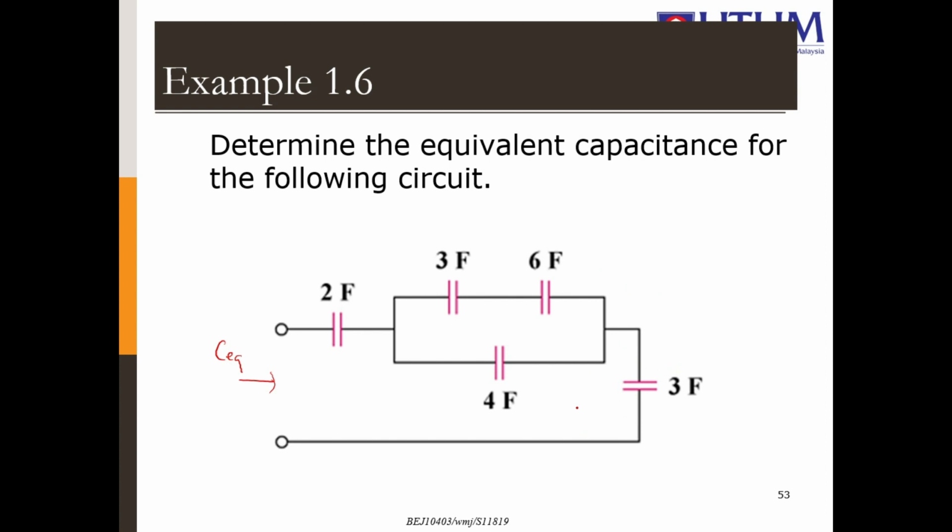We work from right to left. Since this part is in series, 1 over C1 equals 1 over 3 plus 1 over 6, so your C1 equals 2.